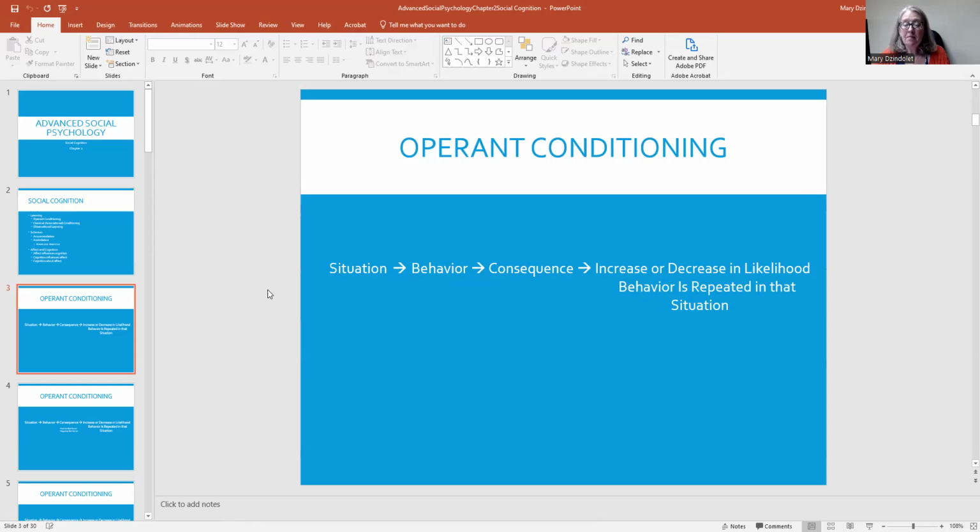The final example I'm going to give you. When my daughter was in high school, we had a curfew. That's the situation. We had a curfew that she had to be home by, I think it was 11 o'clock at night. Her behavior was she showed up at 11:15. The consequence of not honoring the curfew was that the following Saturday, you're not allowed to go out at all.